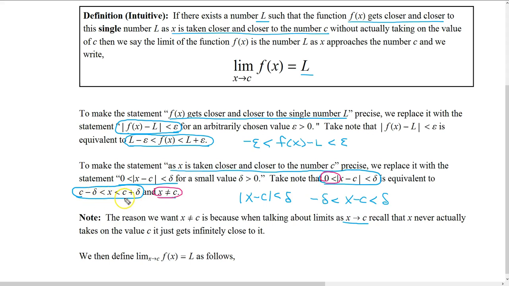So that's where that's coming from. It's coming from this piece right here. All right, so let's take a look now at our precise epsilon-delta limit definition. So here it is.